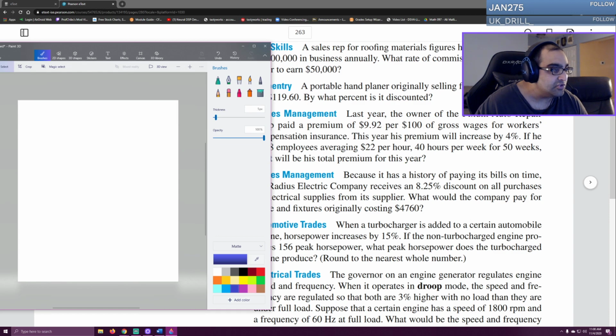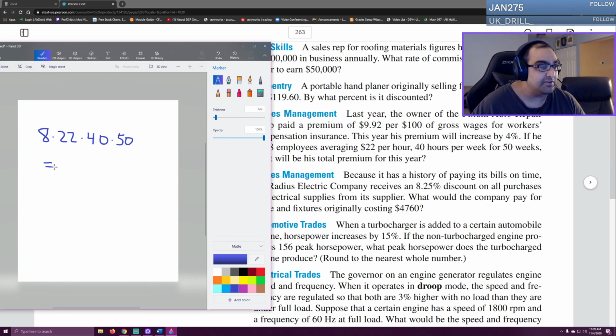We're going to take our 8 employees, multiply that by 22, multiply that by 40, and then also multiply that by 50. This will take care of all the money that we're going to pay all the employees. So let's see what that is.